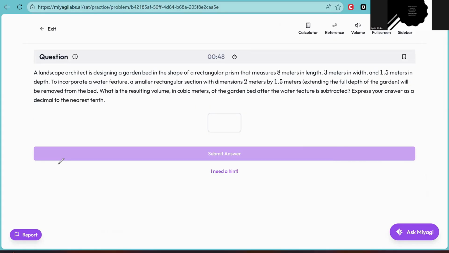To incorporate a water feature, a small rectangular section with dimensions of 2 meters by 1.5 meters, extending the full depth of the garden, will be removed from the bed. What is the resulting volume in cubic meters of the garden after the water bed is subtracted? Now we have to express our answer as a decimal to the nearest tenth.